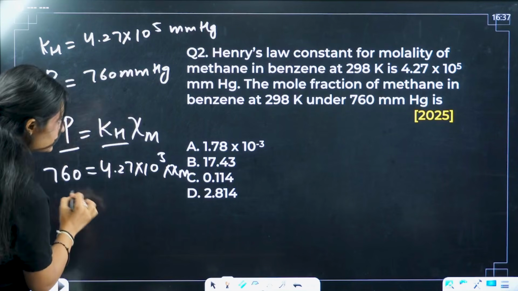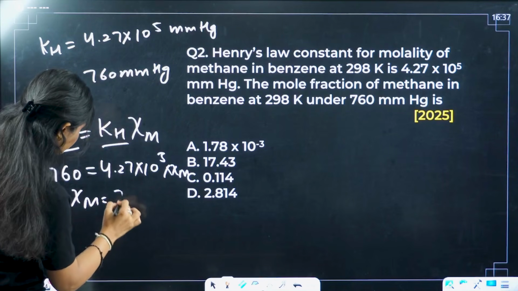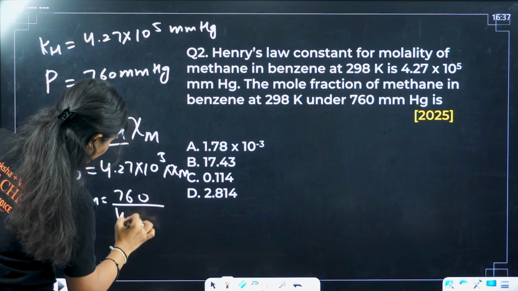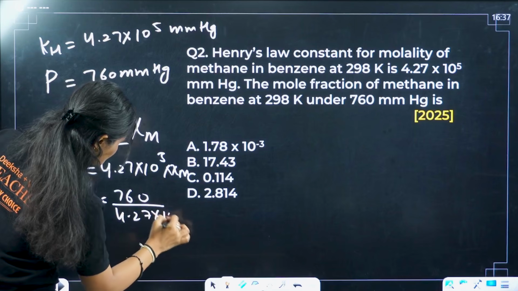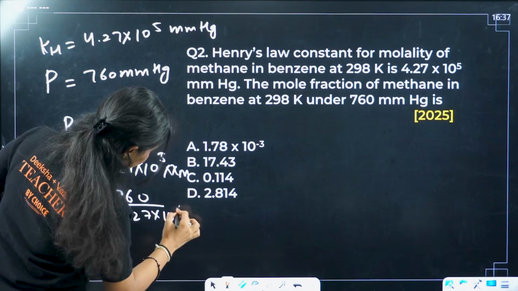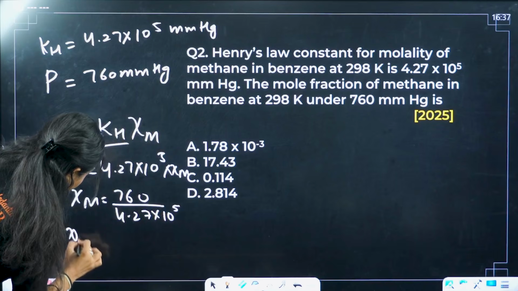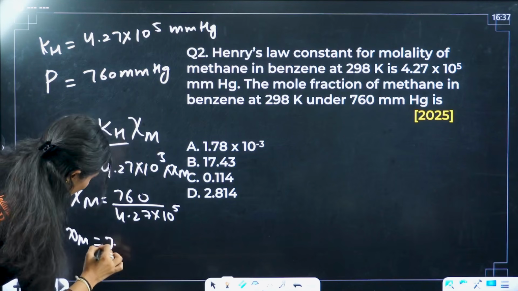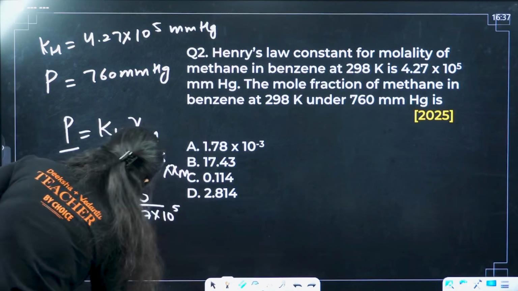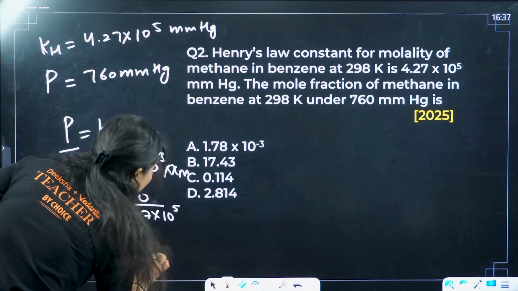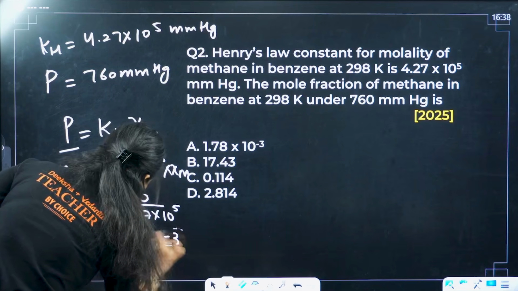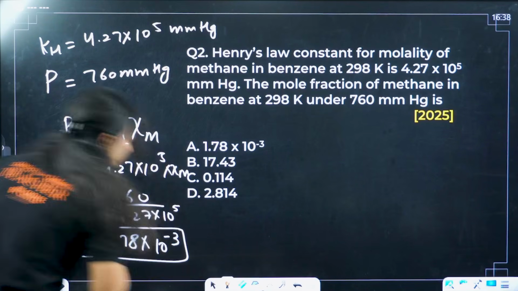So the mole fraction of methane will be equal to 760 by 4.27 times 10 raised to power 5. Then the mole fraction of methane will be equal to what? It will come out to be 1.78 times 10 raised to power minus 3. This is the required answer.